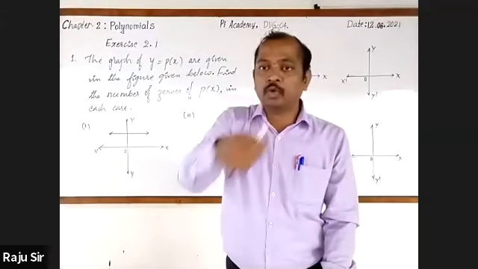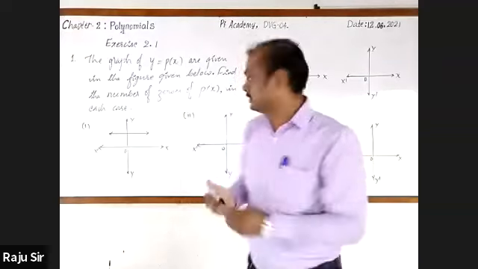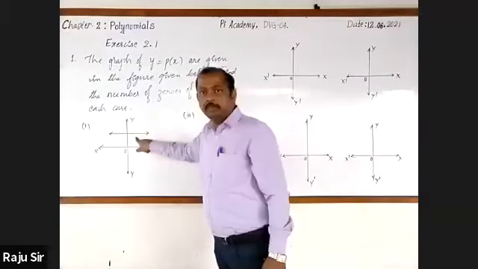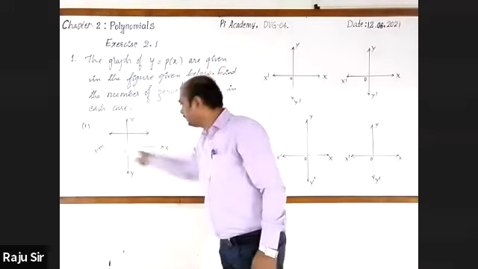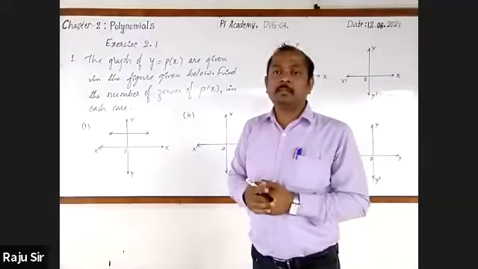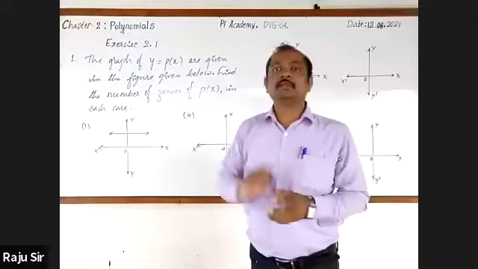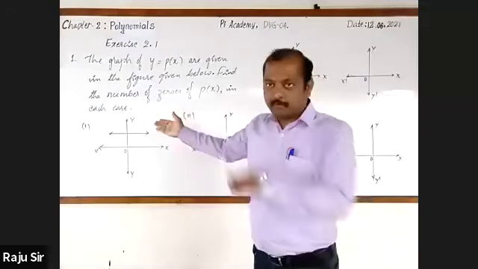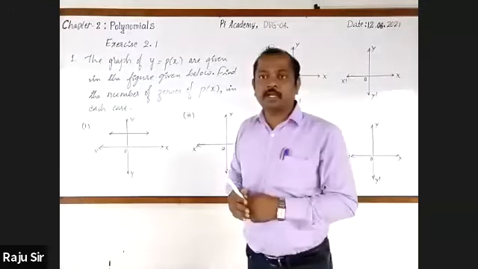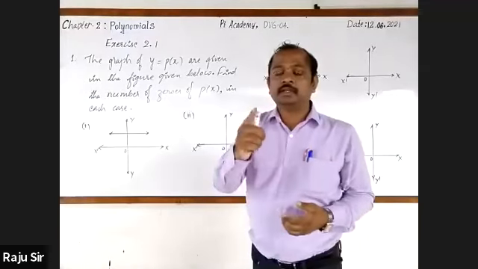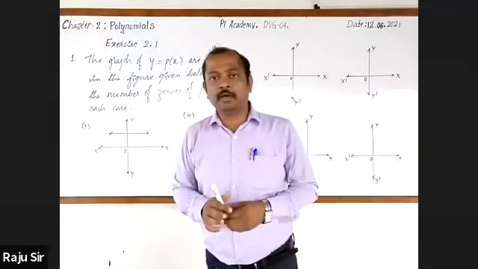It has no zero, because the graph of the given polynomial has not intersected the x-axis at any point. We can say that the number of zeros is 0. Then observe the nature of the graph. It is a straight line. Therefore, what type of polynomial is it? It is a linear polynomial.